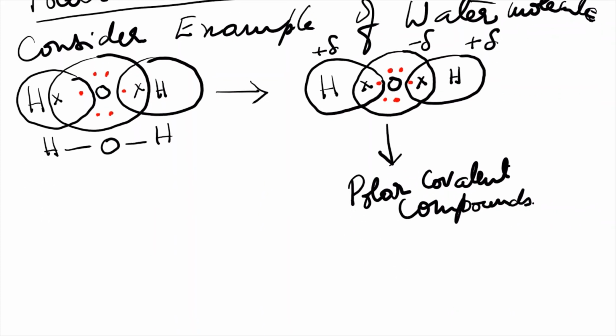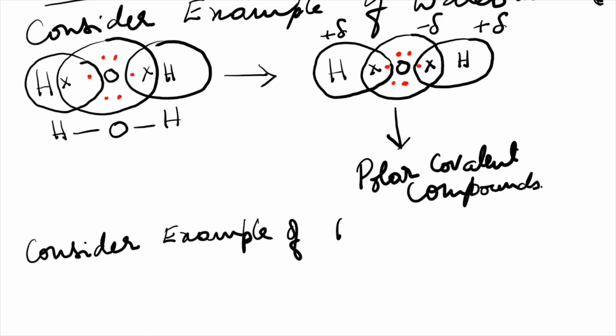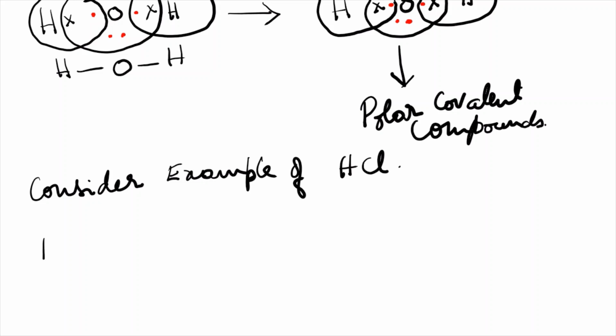I'll give you one more example. Consider the formation of hydrogen chloride. Now you know hydrogen has 1 electron. A chlorine atom has 7 electrons in its outermost orbit like this.